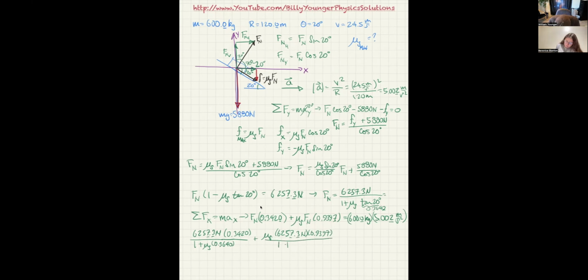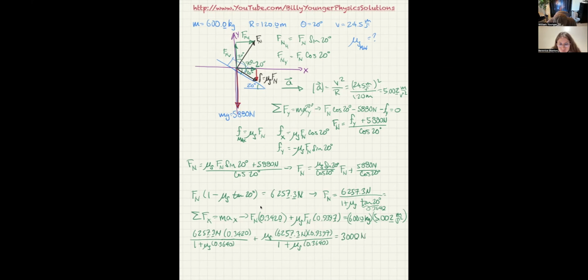So that's going to be 1 plus mu sub s times 0.3640. And all that, of course, is equal to essentially 5 times 600, which would be 3,000 newtons. So that should be sufficient right there.